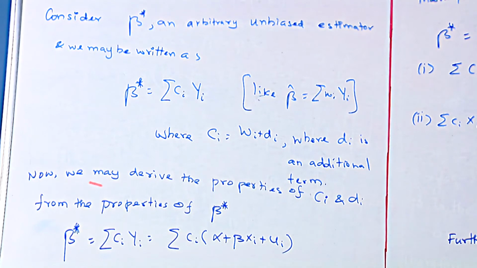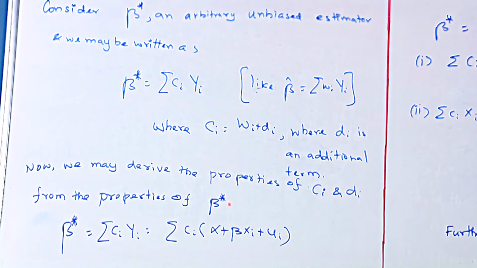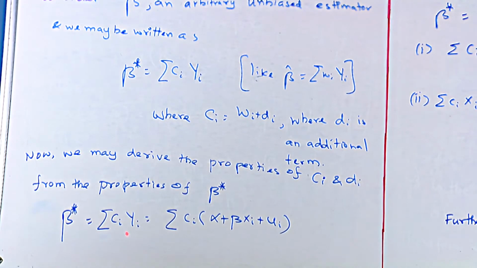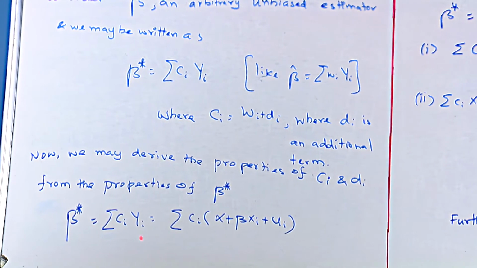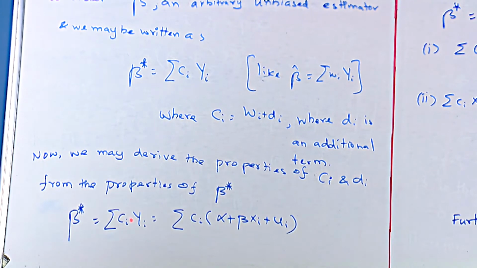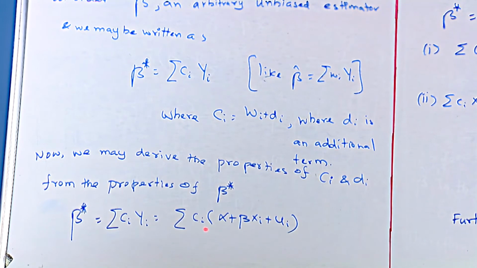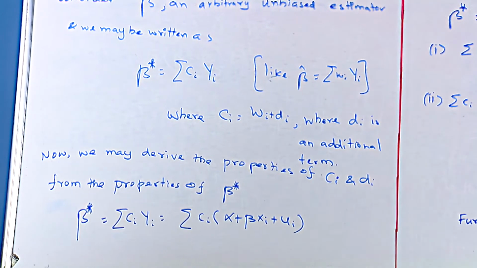Now we may derive the properties of ci and di from the properties of beta star. We know beta star is equal to sigma ci capital Yi. This Yi can be substituted with the expression we get from the PRF, population regression function. So we get sigma ci times alpha plus beta xi plus ui.